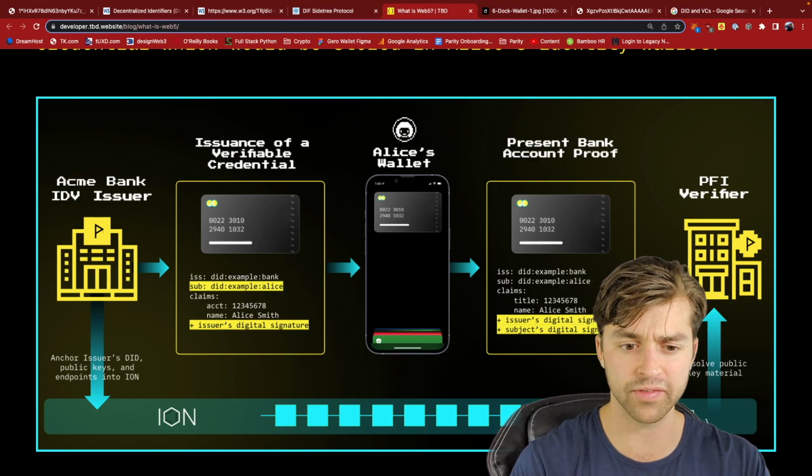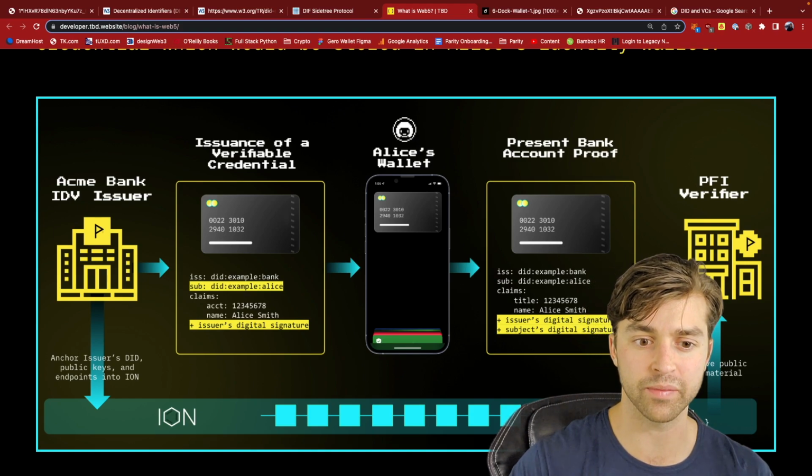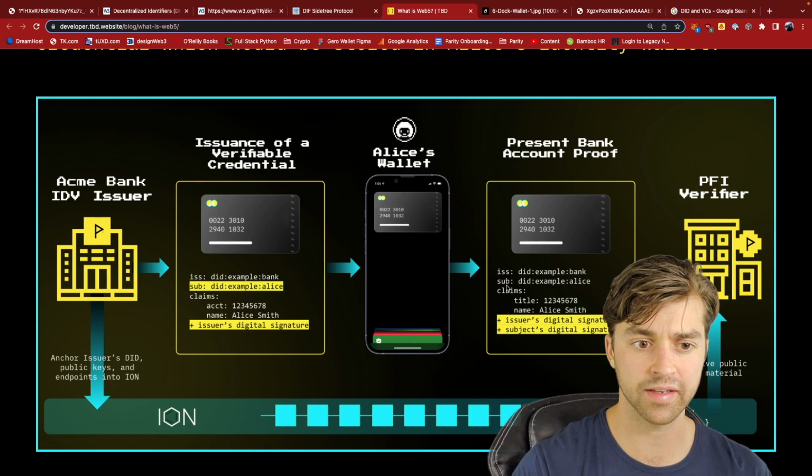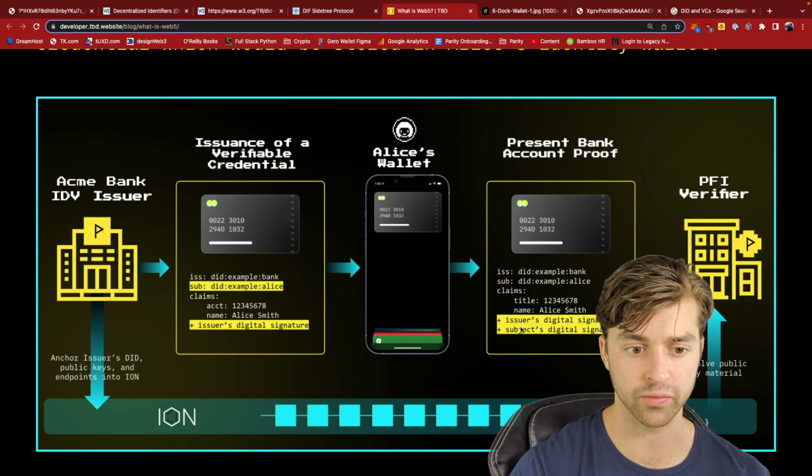Now, what the verifier does is the verifier needs more information about our DIDs. It can see that it contains two DIDs, an issuer and a subject. And the verifier wants to verify the digital signatures, these two right here.